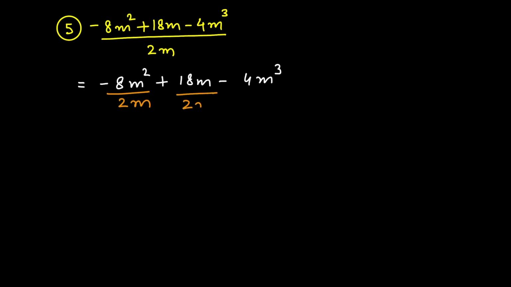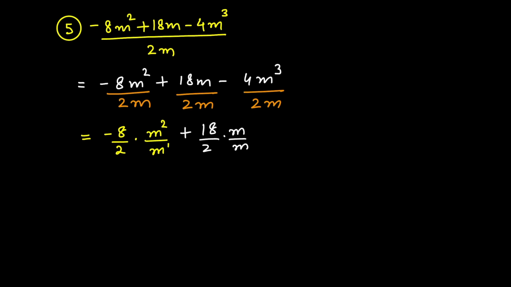So we divide all the terms with 2m, and then the first one is the number gets divided by the number and m square over m to the power, no power, so we write the power 1. Next one we write 18 over 2 times m over m. Then the next one we write 4 over 2 and m cube over m to the power, no power is given, we can write power 1.